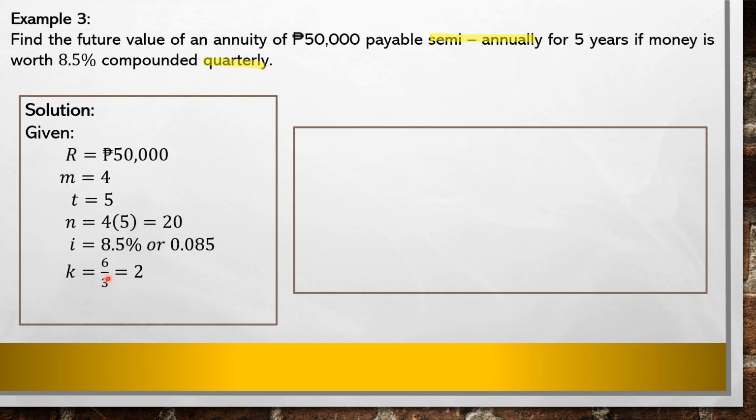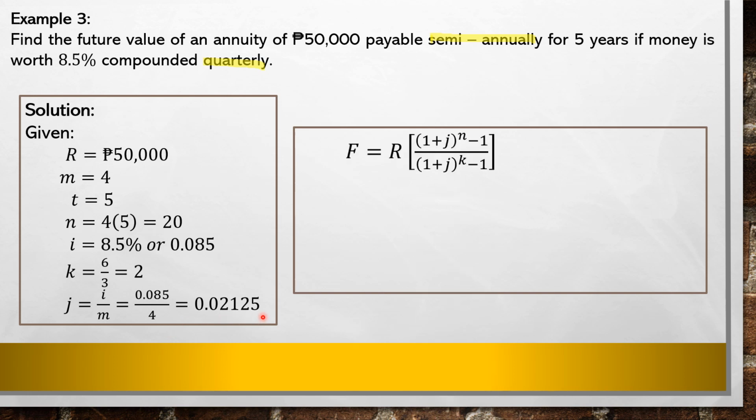So we pay every 6 months and our interest period is every 3 months. So 6 divided by 3 is equal to 2. And then our J is I over M, so 0.085 divided by 4, and that is 0.02125.